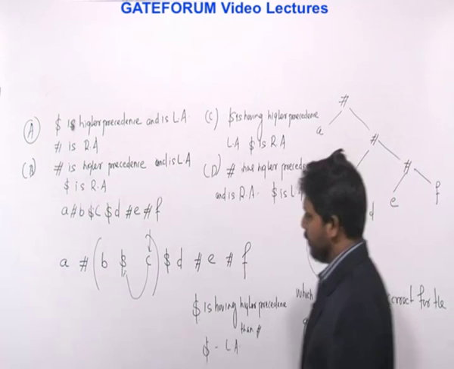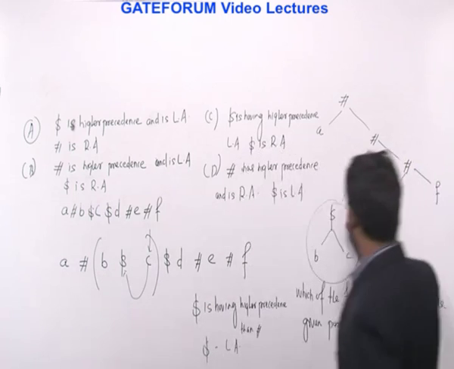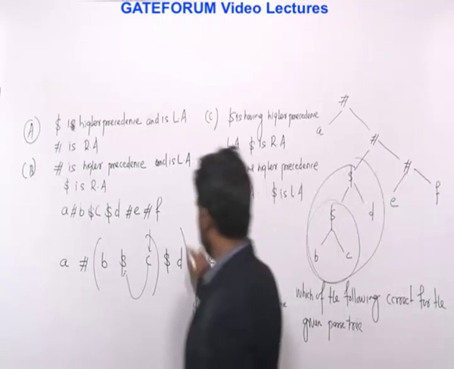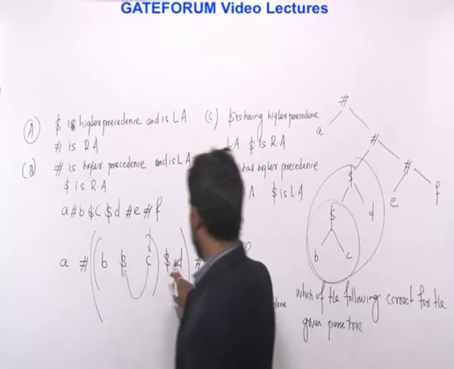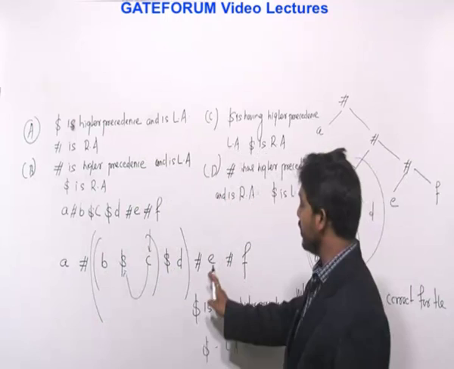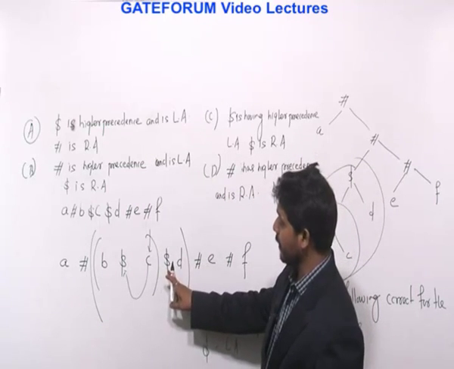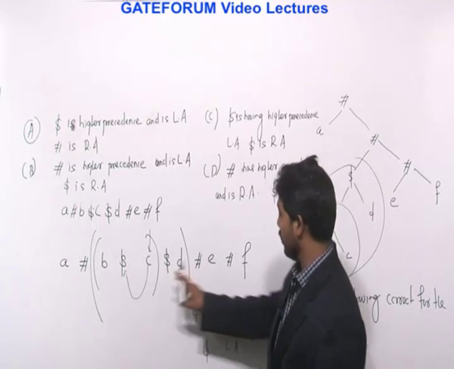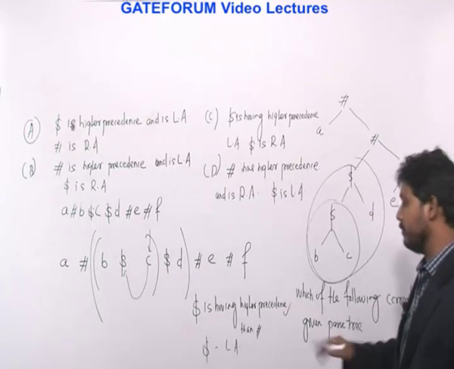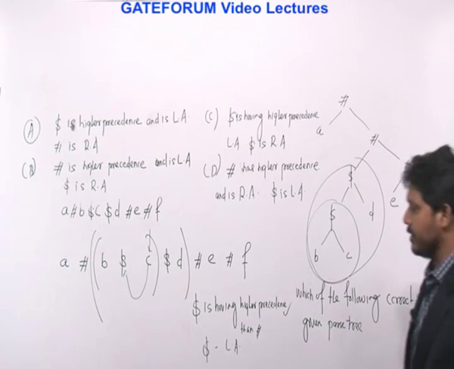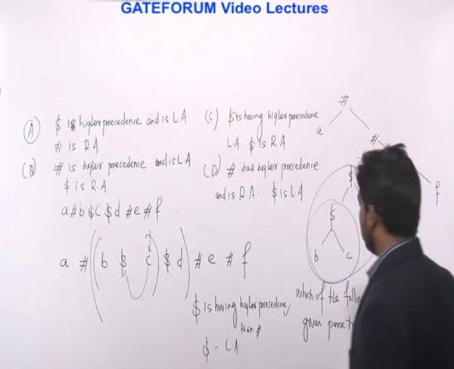Now B has dollar, then you see the next subtree is this dollar D. This is again saying the same thing: D could have been associated with hash, but D is getting associated with the operator on the left hand side, and that is dollar. So again our evidence is enough for saying that dollar is having higher precedence than hash. Done with this evaluation.